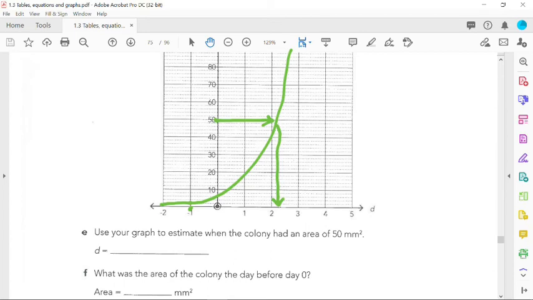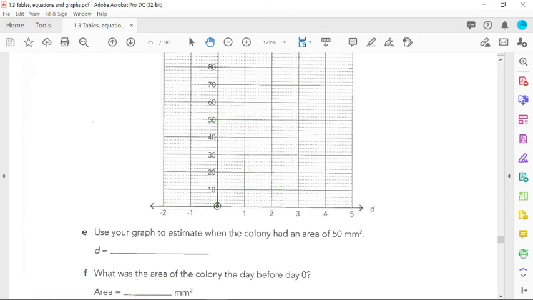Now, I think it would be easier to think about it this way: if it's doubling every day, what's half of 5? 2.5, right? It's doubling every single day, so if you go backwards, you have to assume that the pattern still holds. Does that make sense? It's a thinking question. But then when you see it, you're like, oh, duh.